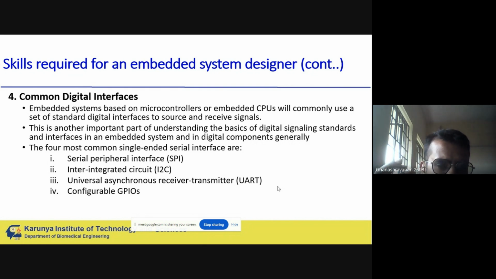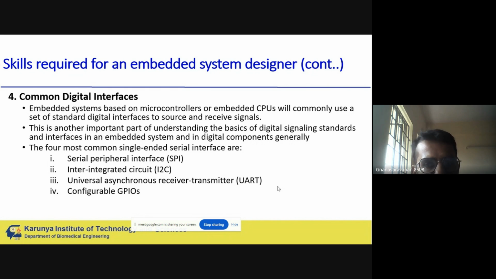Now all these sensors would be connected to some microprocessor or controller, and from there a module like a transceiver is connected. From there the information is going to flow. So knowledge about the interfaces is much more required. For example, the interfacing can be a serial peripheral interface, or an I2C interface, that is inter-integrated circuit interface.